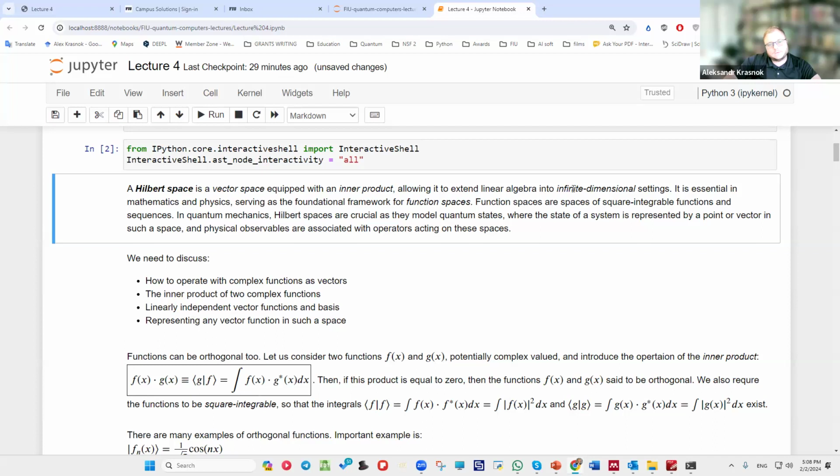And this space can be infinite dimensional, okay? So we're not restricted to the dimension of 3, 2, or 10. We take into account that our space can be infinite dimensional.